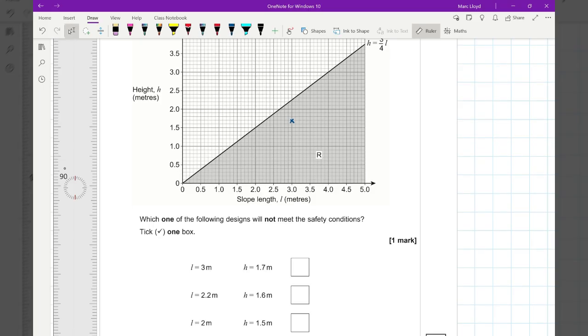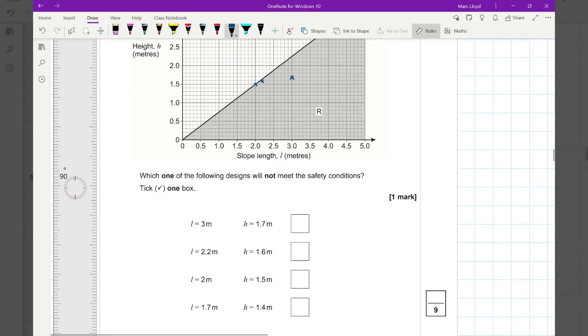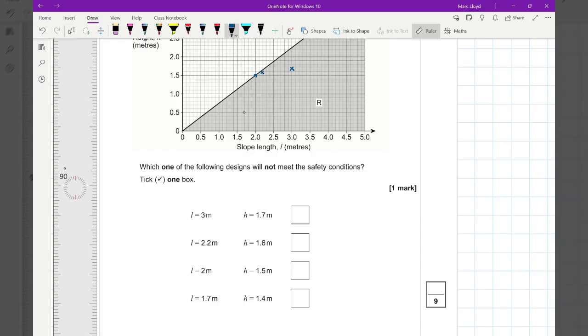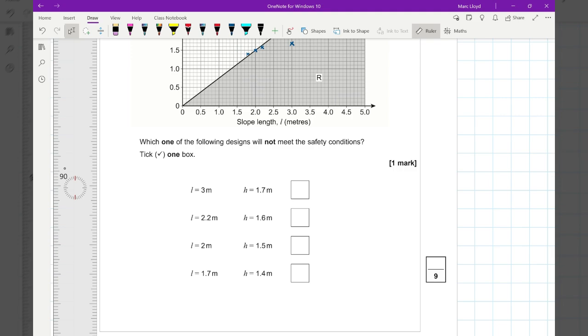A length of 2.2 and a height of 1.6, just inside, so that's fine. A length of 2 and a height of 1.5 is on the line, that's okay. And then a length of 1.7 and a height of 1.4 is ever so slightly outside of that tolerance. In fact, I've actually plotted it at 1.8. It's just slightly to the left. And therefore, it's that one. That is the correct answer.